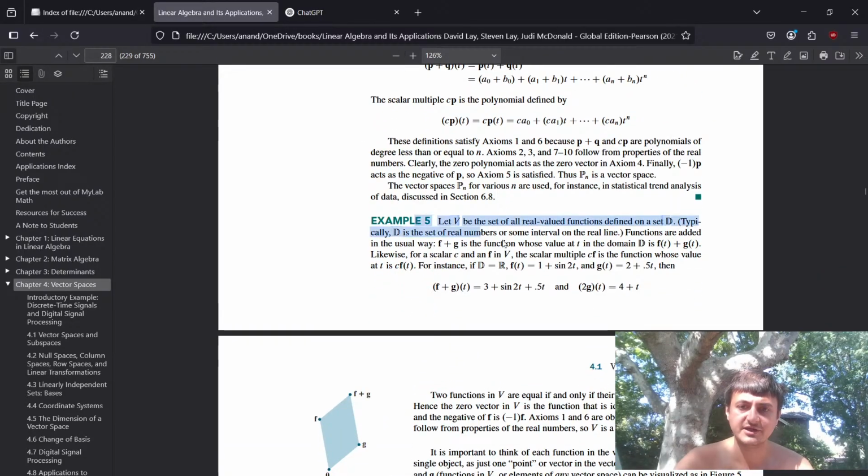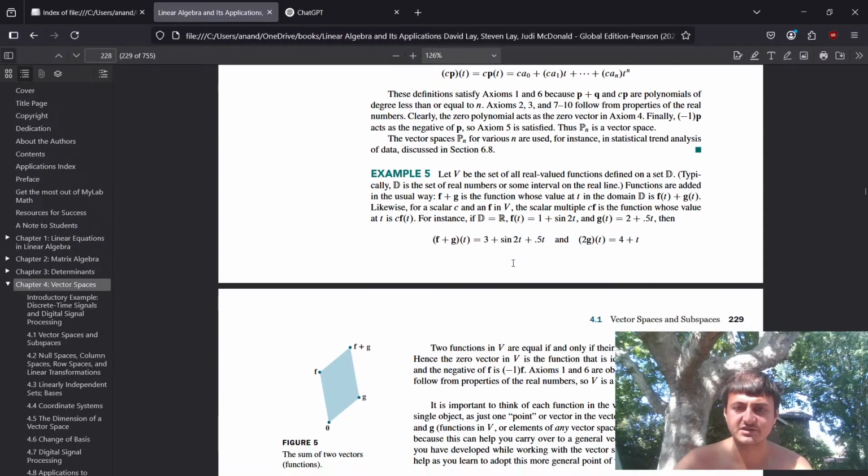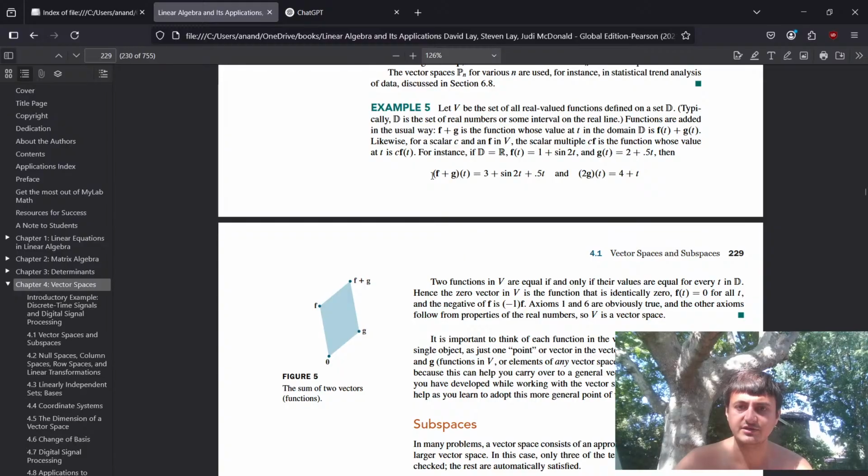Then here's another good example, basically all real valued functions, and that ends up being a vector space as well. You easily show that you can add two real valued functions by adding their expressions together, and similarly you can do scalar multiplication of real valued functions.